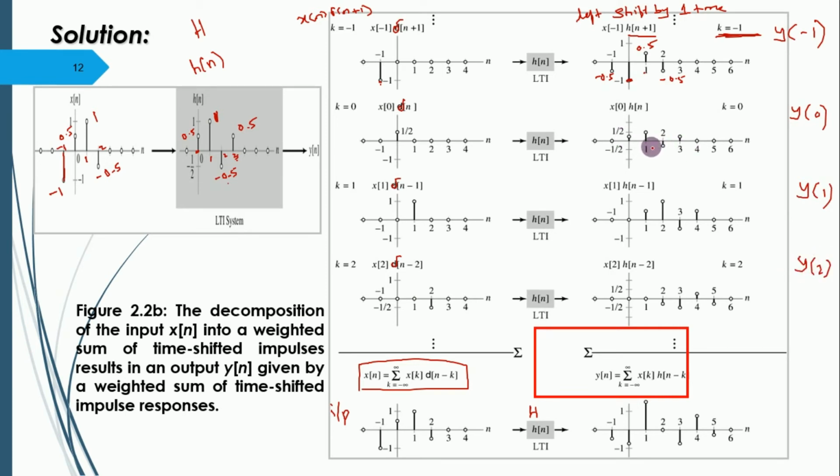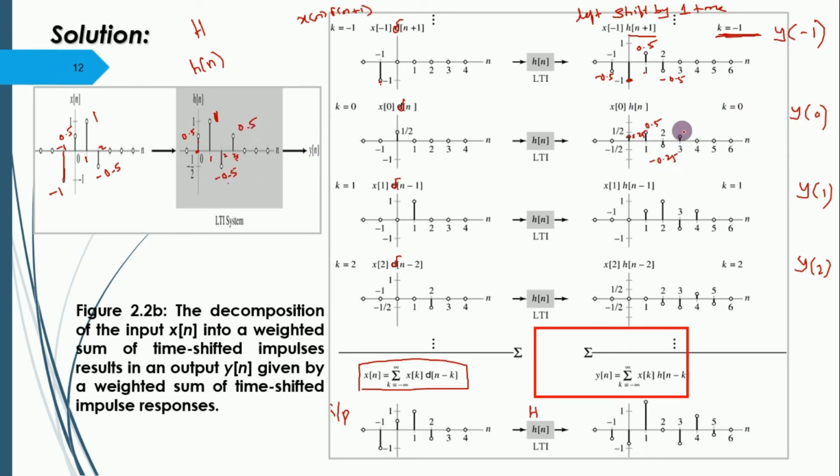Similarly, I'll show this one. For x of 0, I am having half. Half should be multiplied with all the h of n values. Half into half is 0.25. Half into 1 is 0.5. Half into minus 0.5 is minus 0.25, sorry.